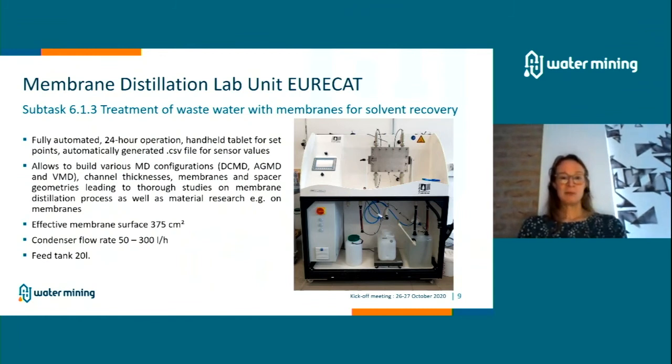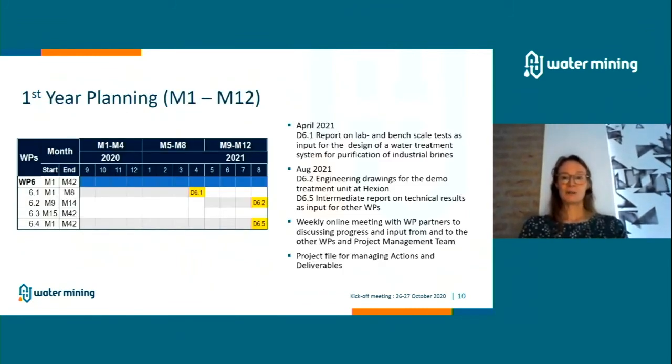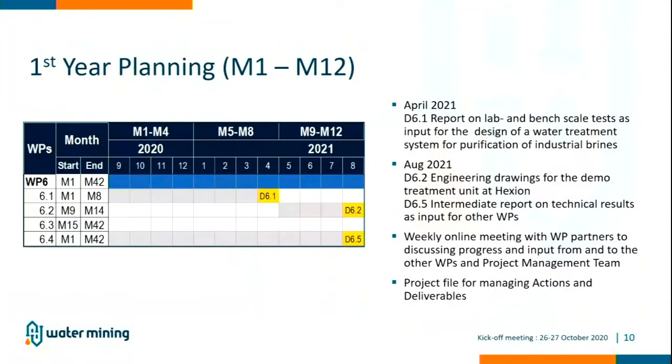As I said, a little bit more focus on the first year planning. So in April, we hope to report out on the lab and the bench scale tests. And then in August, the drawings for the demo unit should be ready. The way we keep track of our progress and interlinkages with other work packages is through a weekly online meeting.